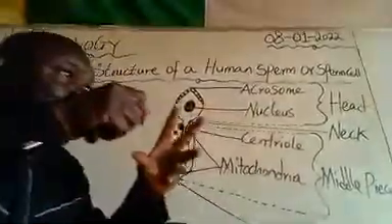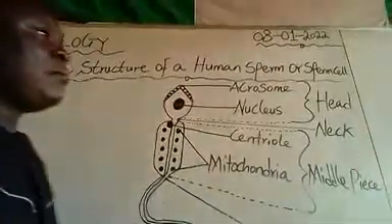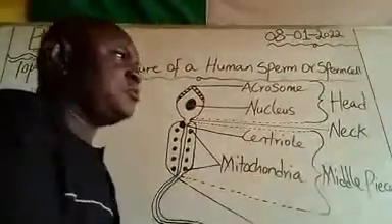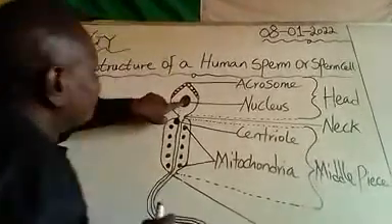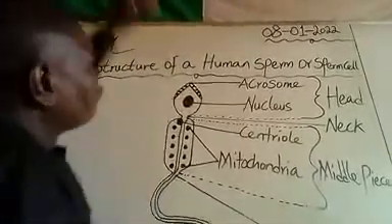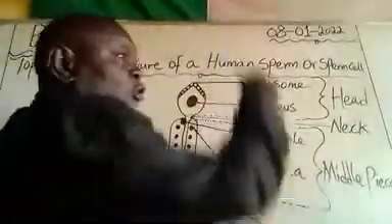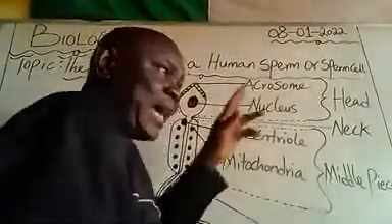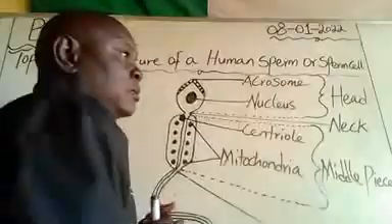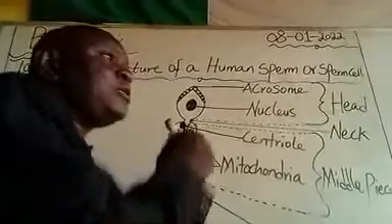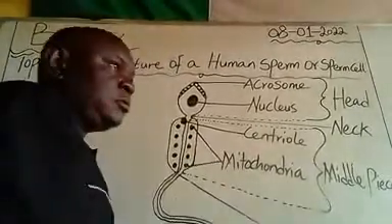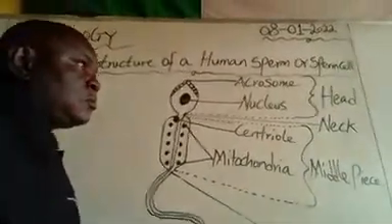And fertilization takes place in the fallopian tube or oviduct.